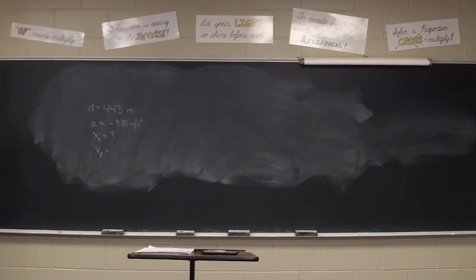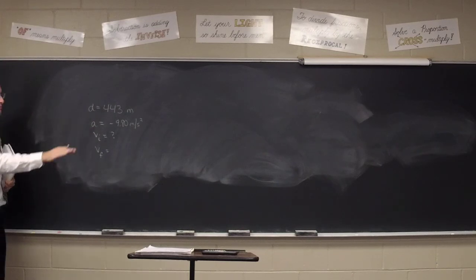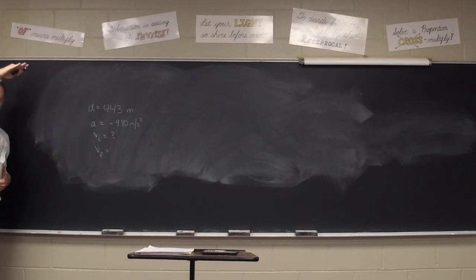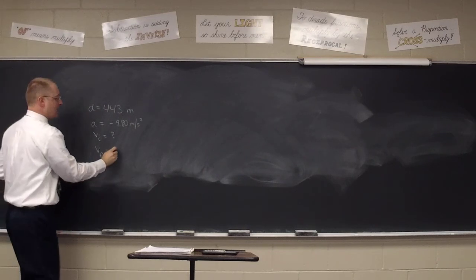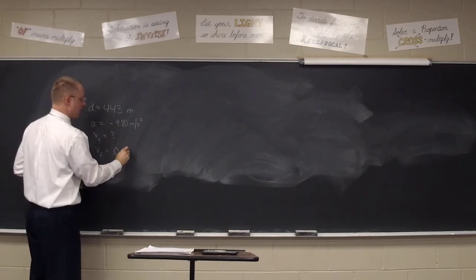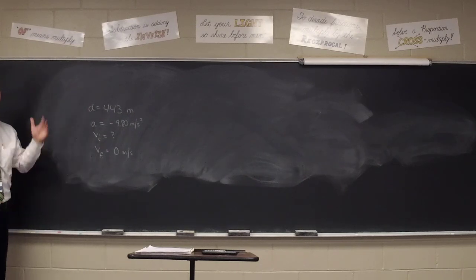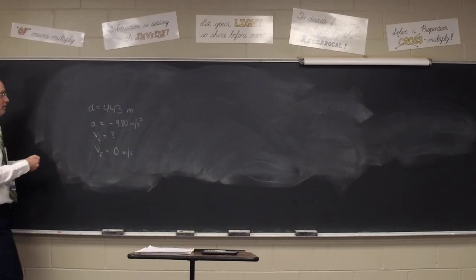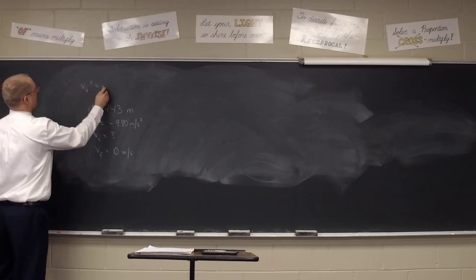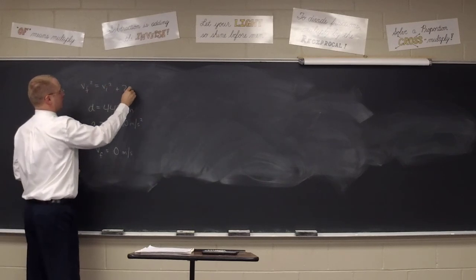All right, so what's the final velocity when it reaches the top of the Willis Tower? 0. If he just gets it high enough, it'll just stop as it reaches that height. So the question is, what is the initial velocity? What is the firing velocity? Well, what equation do we need that relates to these variables? There we go.